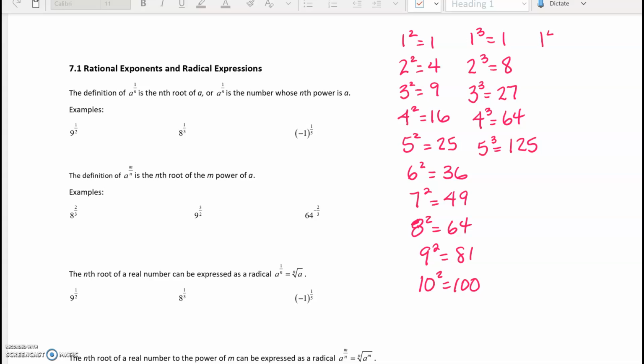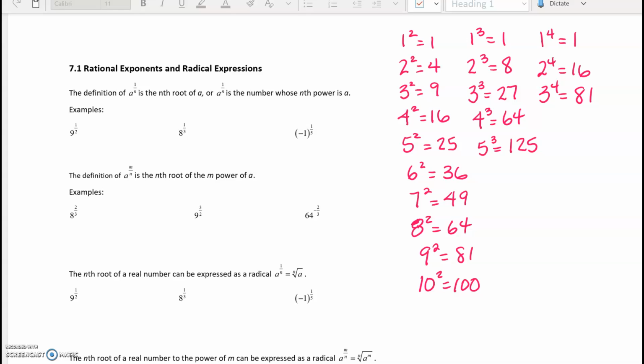Fourth power, 1 to the 4th is 1, 2 to the 4th is 16, 3 to the 4th is 81. And that's probably as far as we need to go with those. So why don't you copy those down on your notes, and we can start the worksheet.